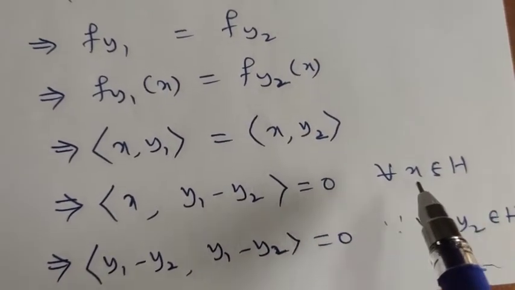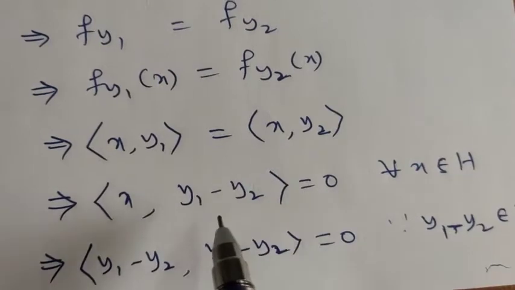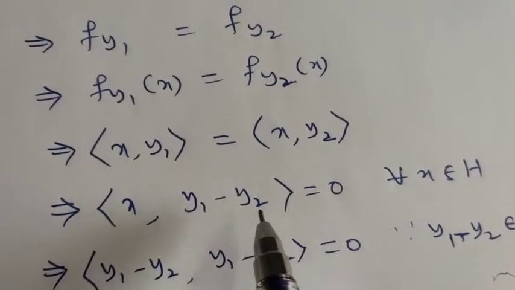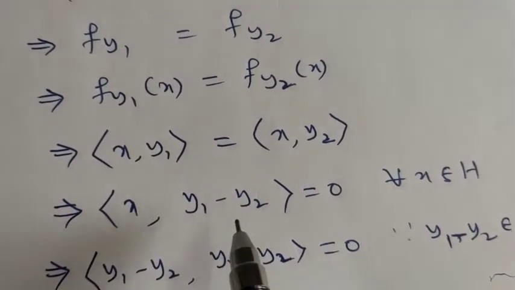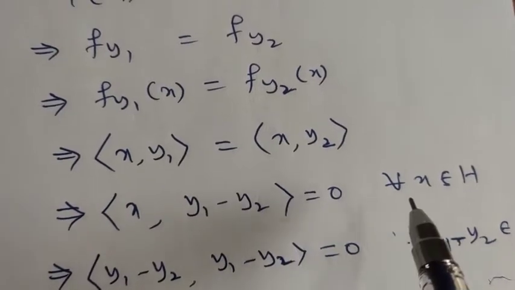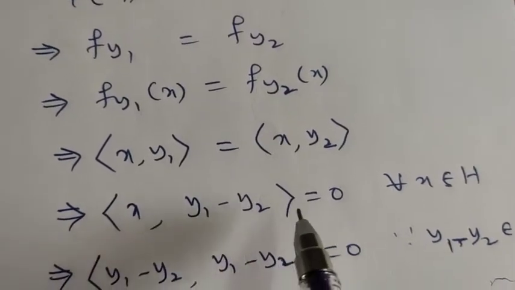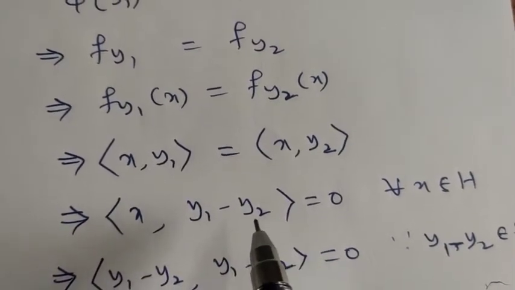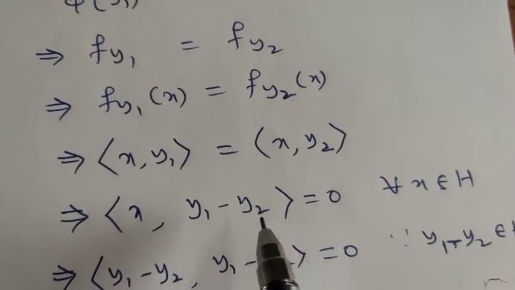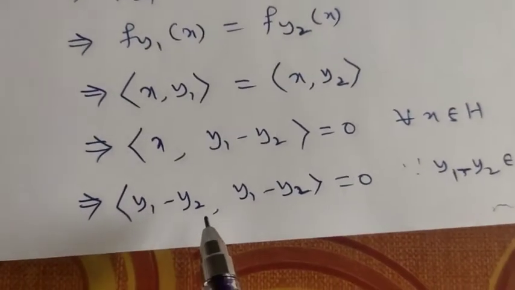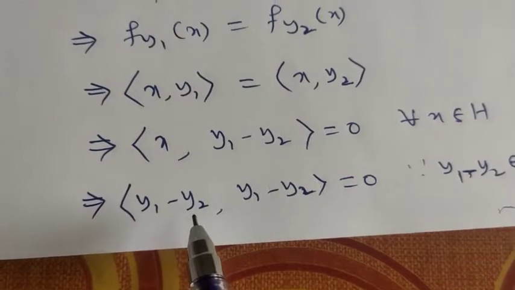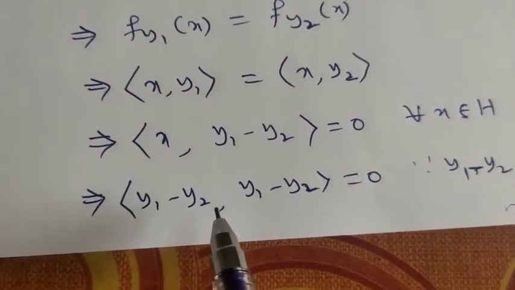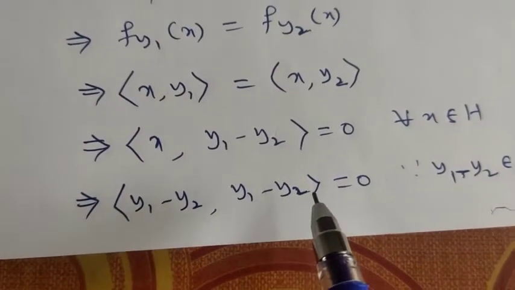Now, y1 is an element of H, y2 is an element of H, so y1 minus y2 is an element of H. Therefore, this condition holds for x equal to y1 minus y2, so I will take x as y1 minus y2. This implies inner product of y1 minus y2 comma y1 minus y2 is 0.